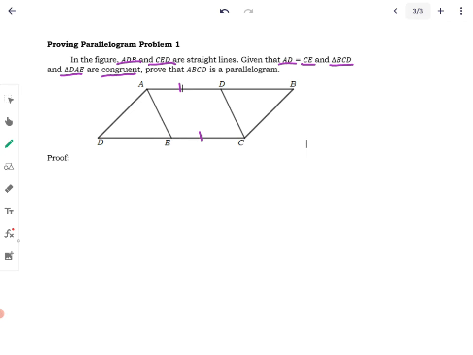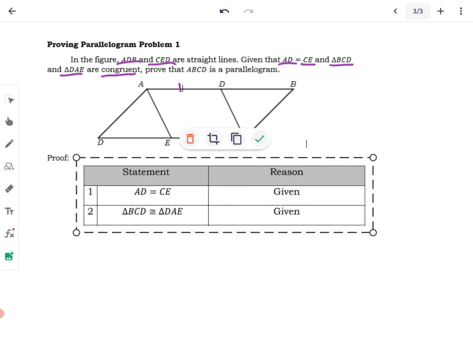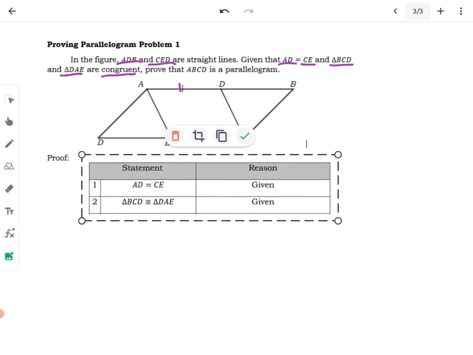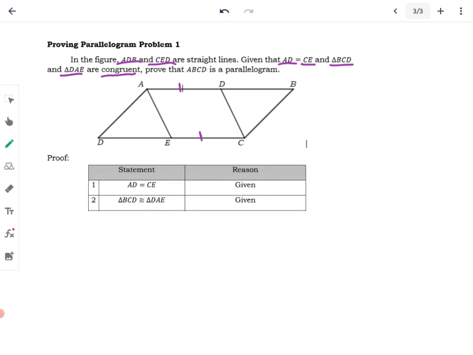So what we're going to do is use this premise. Let's start our proof by stating our premise, or our given. We know that our statement goes on the left, then the reason on the right, and our first and second are the givens stated in the problem.